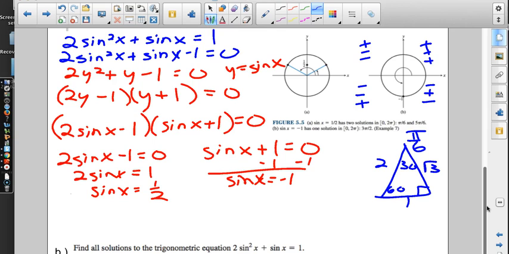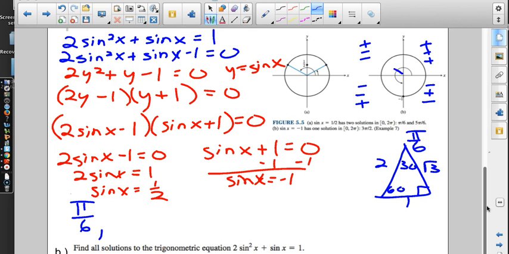We already know there's going to be at least 2 spots as you go around the unit circle that are going to give you that for the answer. Well, it's positive in quadrant 1. So yeah, pi over 6 is a good answer. It's also positive in another quadrant. Sine is positive over here in the second quadrant.